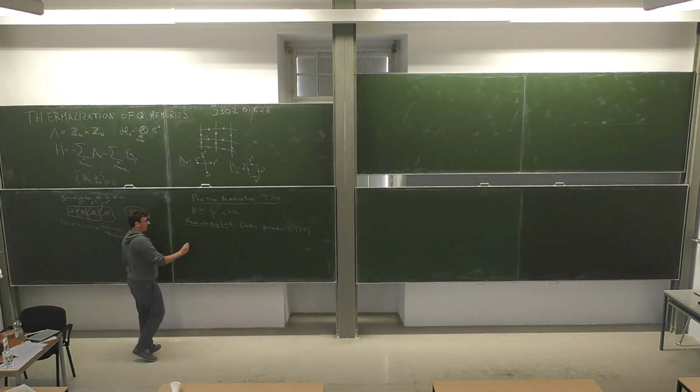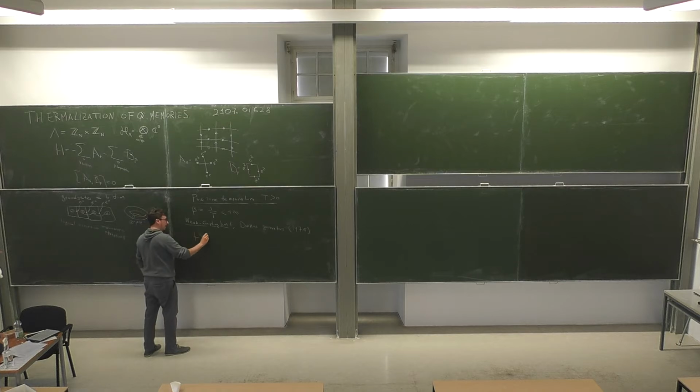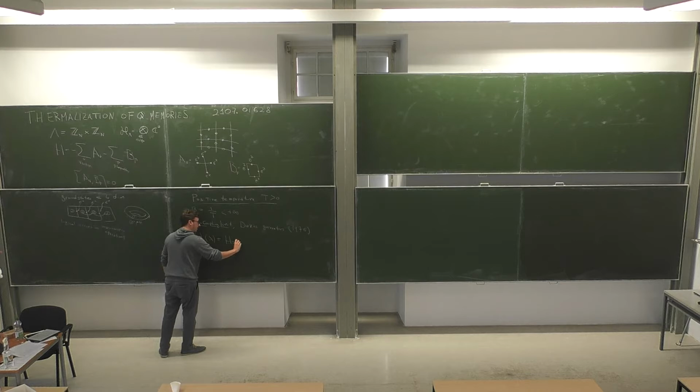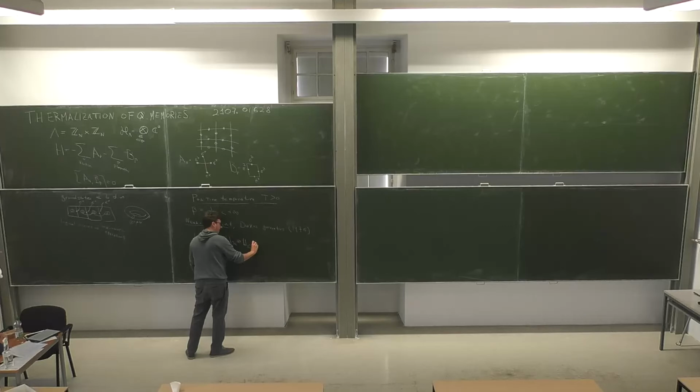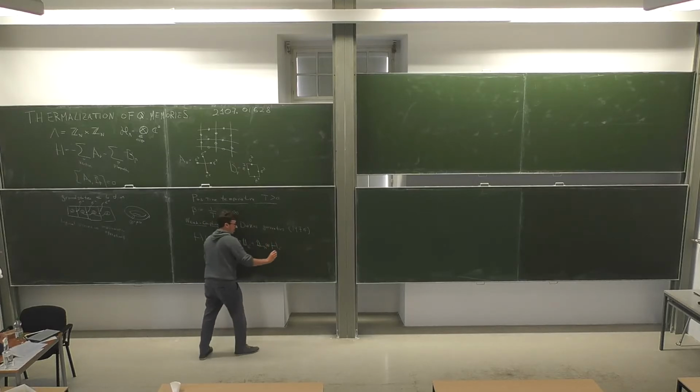And so the idea is you take a thermal bath at finite, positive temperature, and you look at some coupling between your toric code and the bath. So the total Hamiltonian will look like your toric code Hamiltonian, plus some internal Hamiltonian of the bath, plus some coupling term with a parameter lambda.